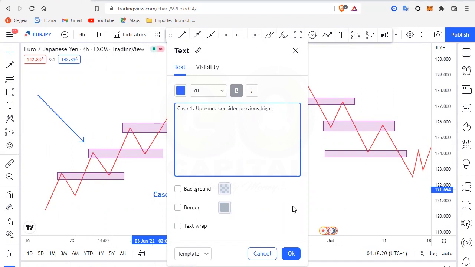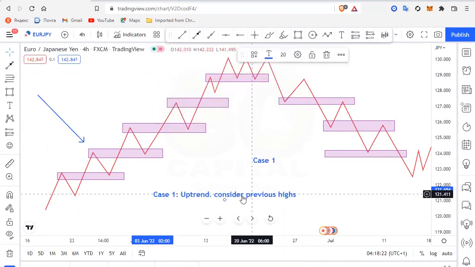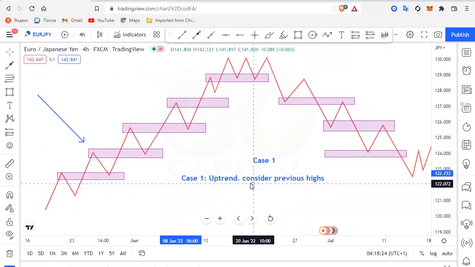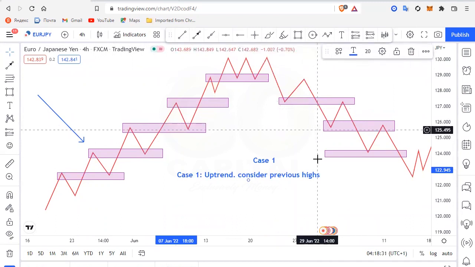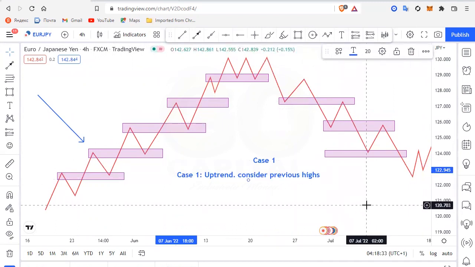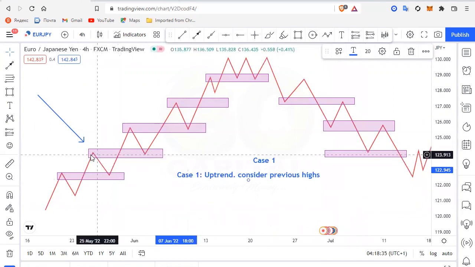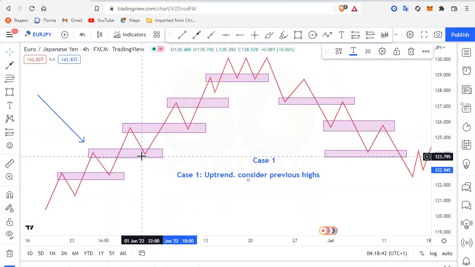So those are the points you look to enter the market. Okay, for case 1 now, you look at the previous highs. So you can take this screenshot because I'm going to do a case 2 now. So I'll just move this chart up a bit. Okay, so for the case 1, you are going to be looking at the highs. Once market breaks a high, it must come back to it for an uptrend.